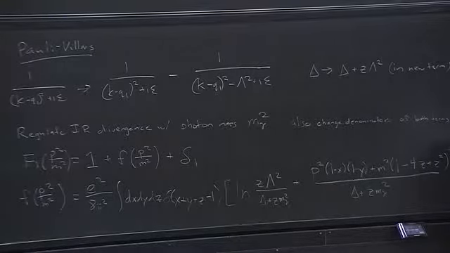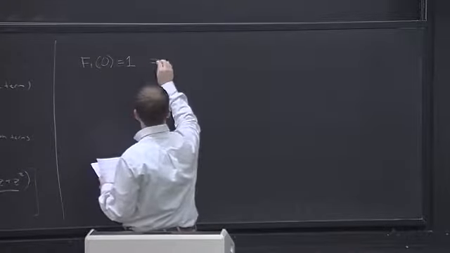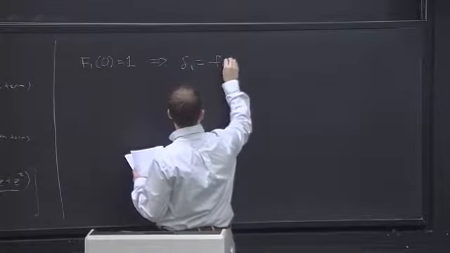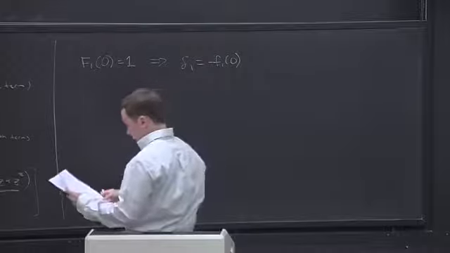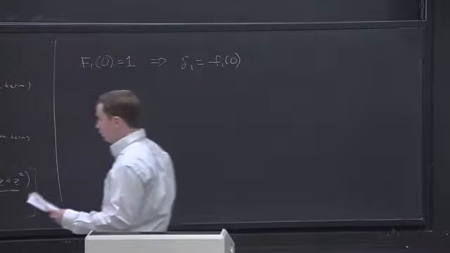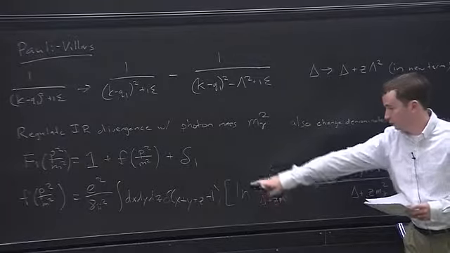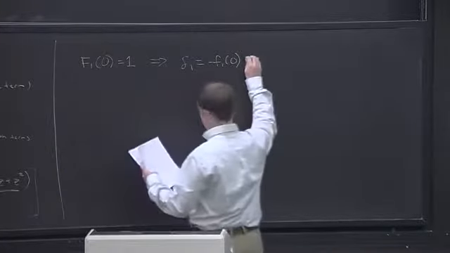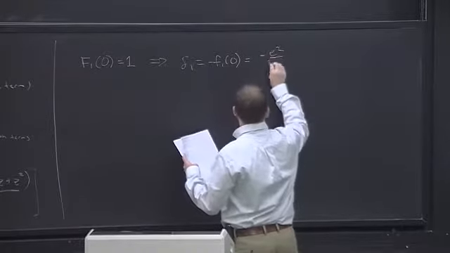So if we demand F of 0 is 1, that tells us that delta 1 is minus f1 of 0, which means that this term will go away, and we are just left with this term, an integral over the Feynman parameters, which will give us a factor of a half.